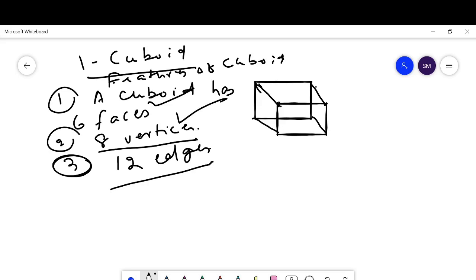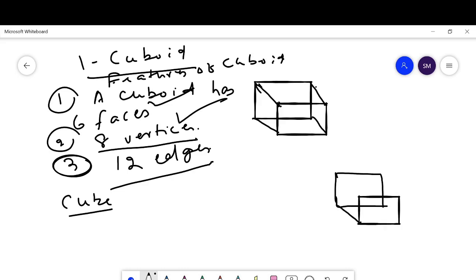In case of a cube the same thing applies. A cube is also a solid which is surrounded by 6 square faces. A cuboid is surrounded by 6 rectangular faces, while the cube is surrounded by 6 square faces.